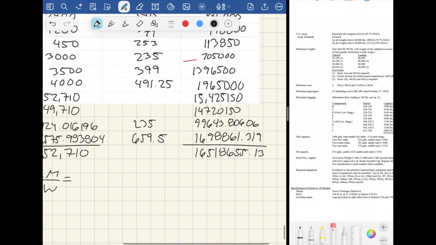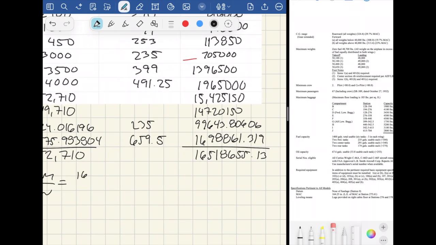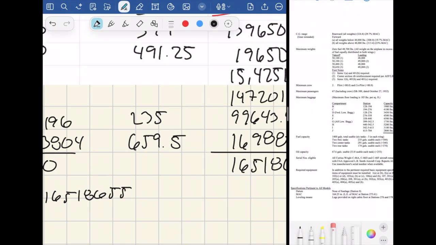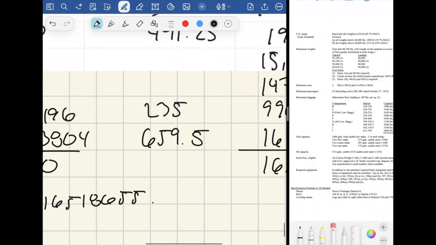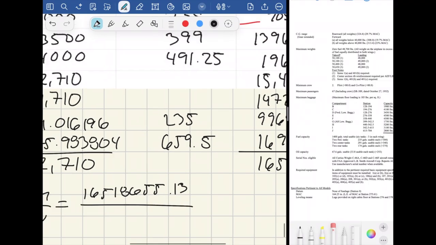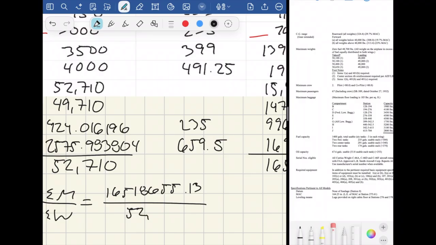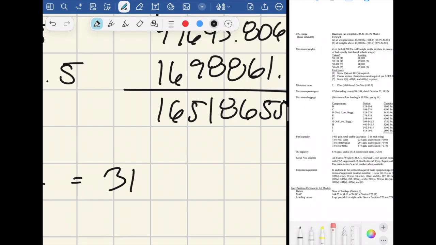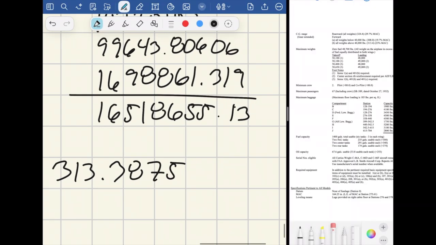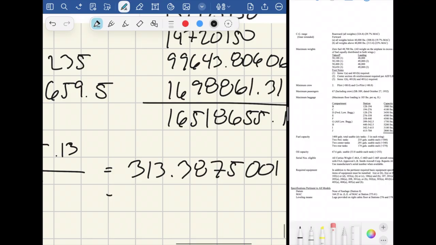Alright, so again, so let's copy. Over 52,710. 313.3875001, which is equivalent to 313.39 inches.